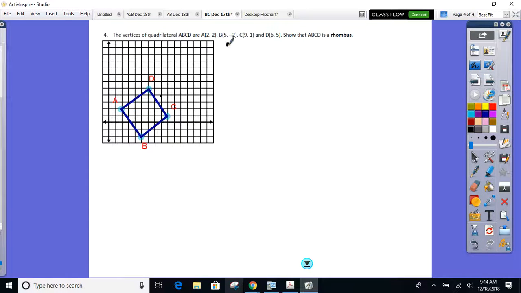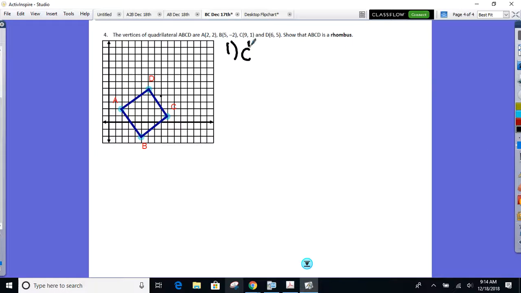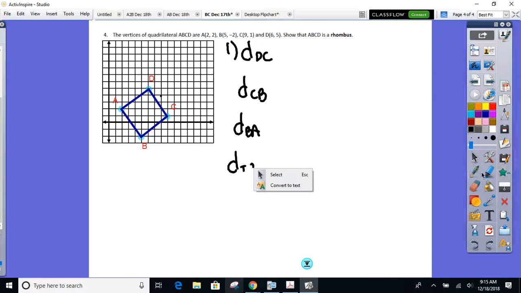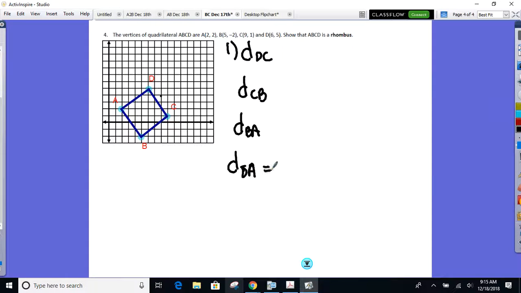But you guys don't want to mention a parallelogram, so we'll go right to distance of all 4 sides. DC, distance of CB, distance of BA, and the distance of DA. You can use the formula. You can use Pythagorean theorem on the graph. Up to you.